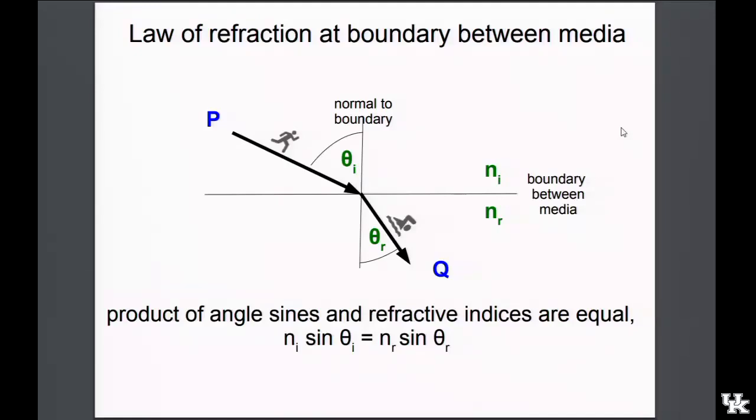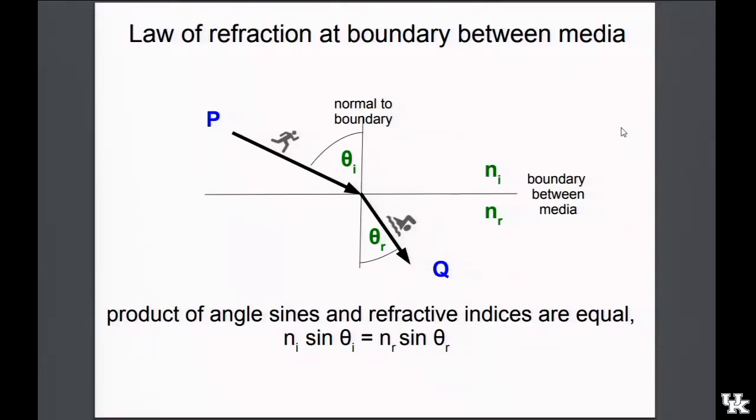So I've labeled them the refractive index N for the incident medium and the refractive index R for the refracted medium. And then when the light crosses the boundary between the two media, it's deflected, it's bent, it's refracted according to this rule here, this law here.